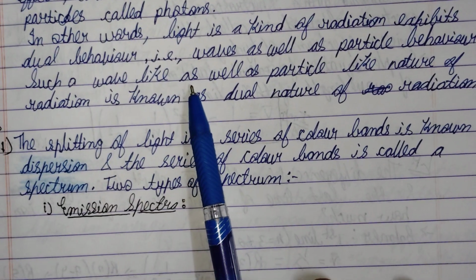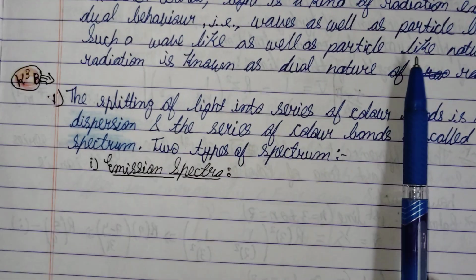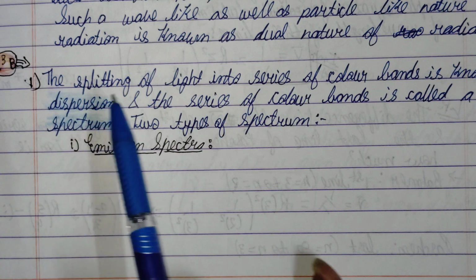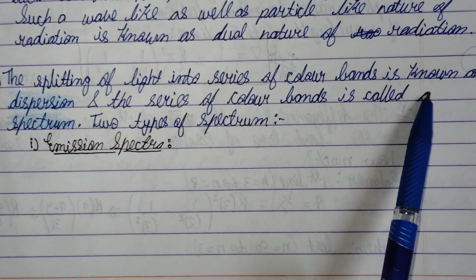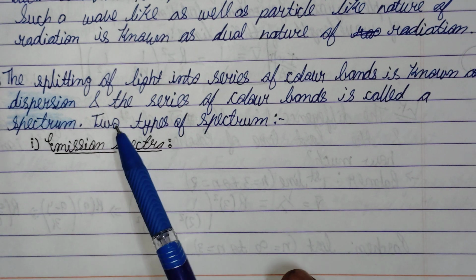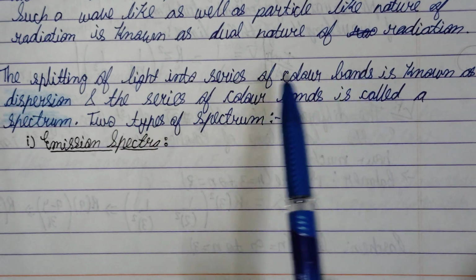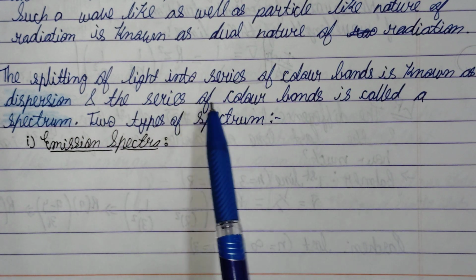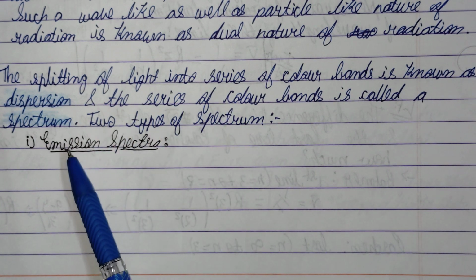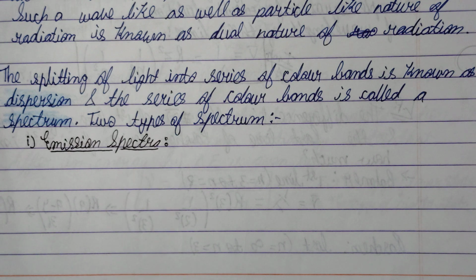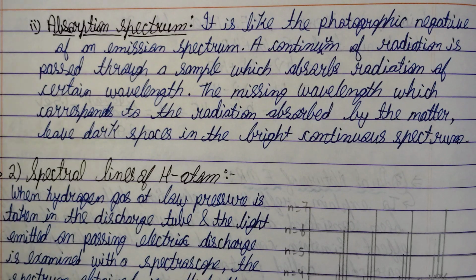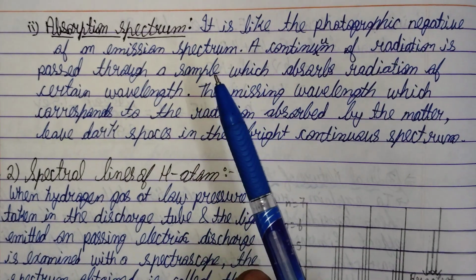Next is K3B, कुछ काम की बात. First, the splitting of light into a series of color bands is known as dispersion. So white light dividing into 7 colors is called dispersion, and the series of color bands is called spectrum. Two types of spectrum are there: emission spectrum and absorption spectrum.